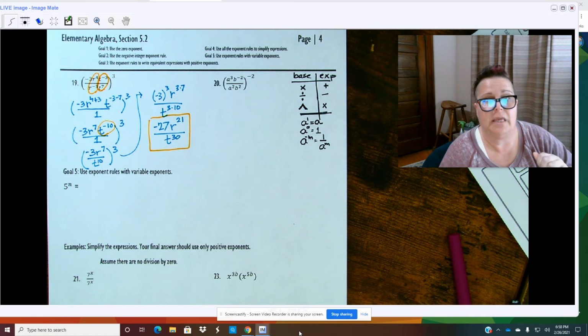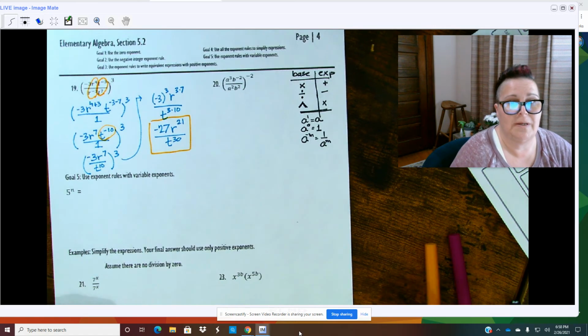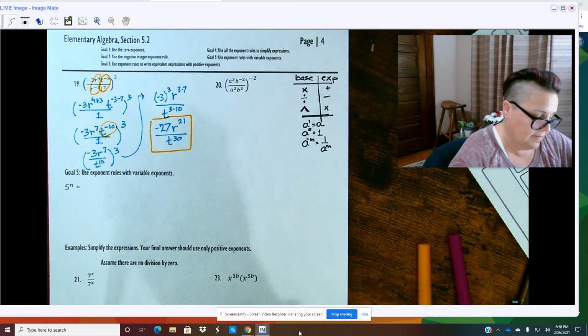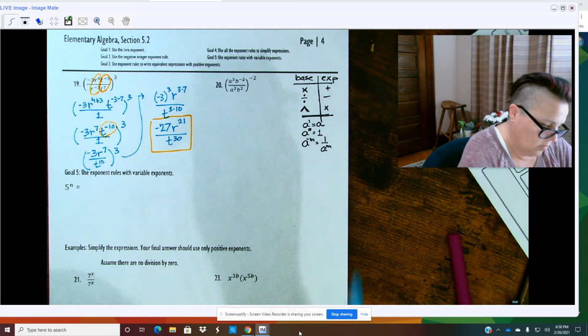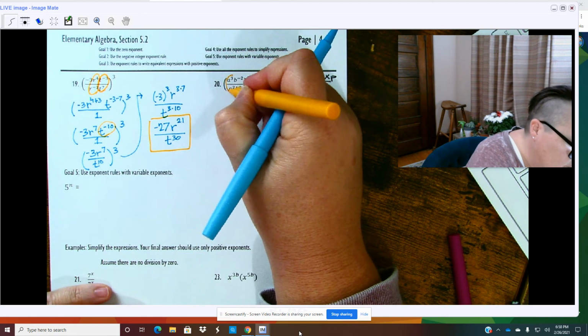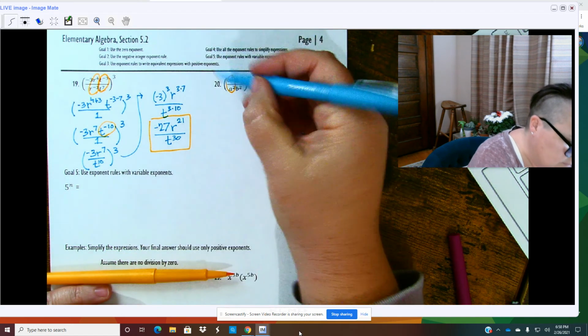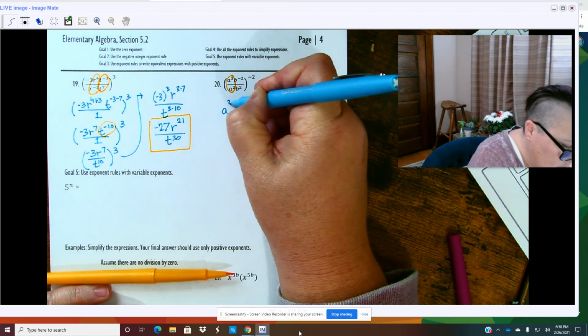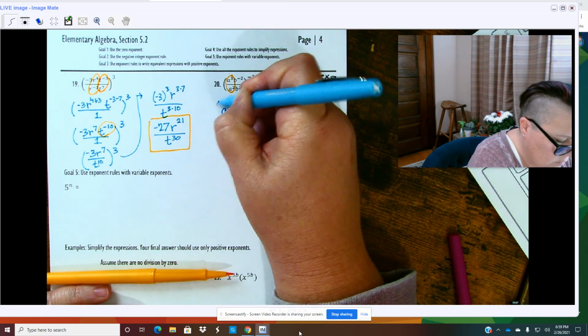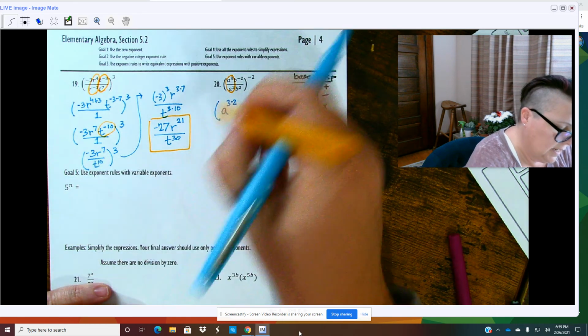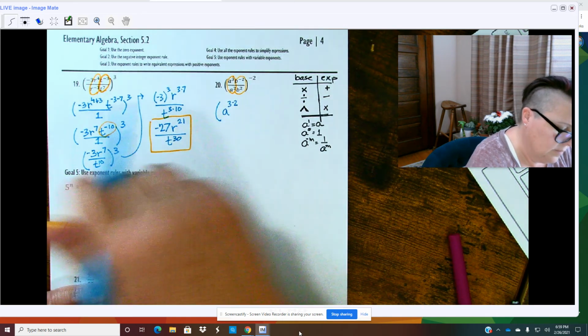Let's try number 20. For number 20, inside out is my scope here. So I've got a to the 3rd over a to the 2nd. That's going to be a to the 3 minus 2. I've got b to the -2nd over b squared.